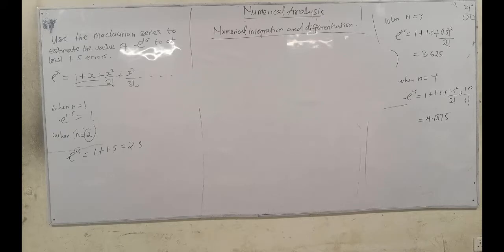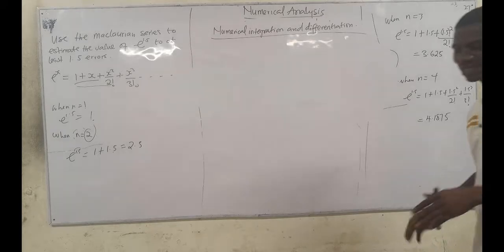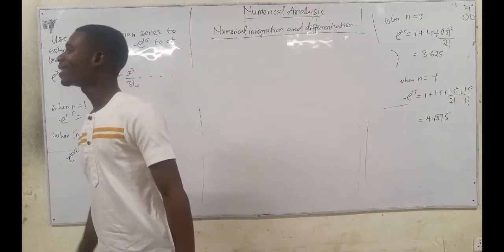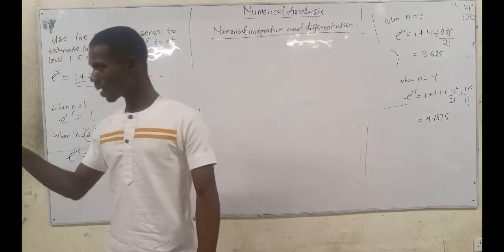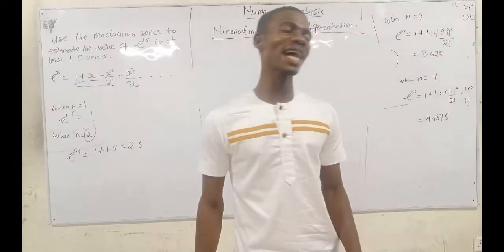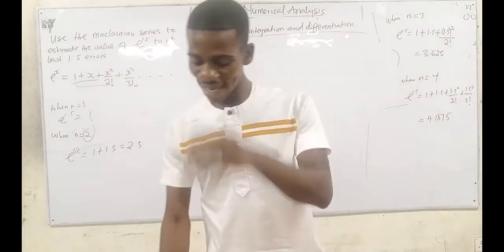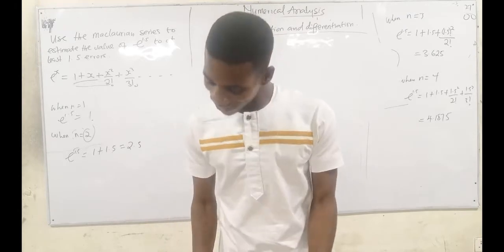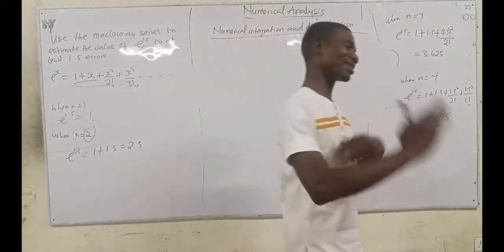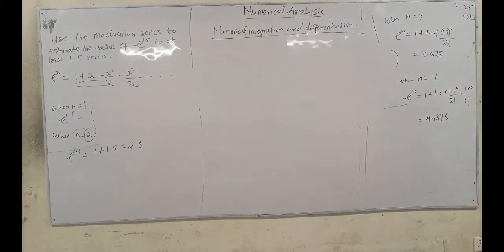That is the forward divided difference, then we have the backward divided difference, then we have the central divided difference.